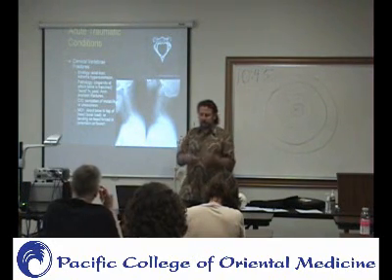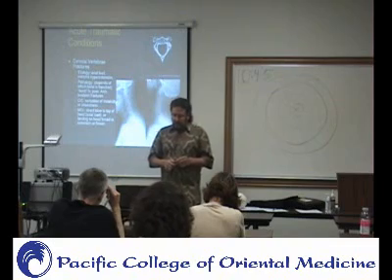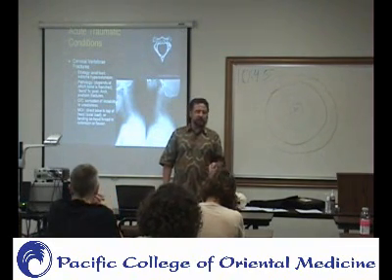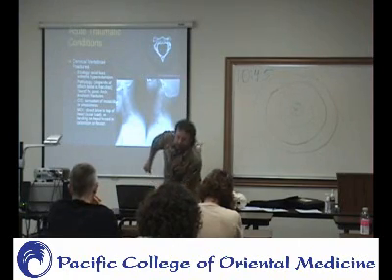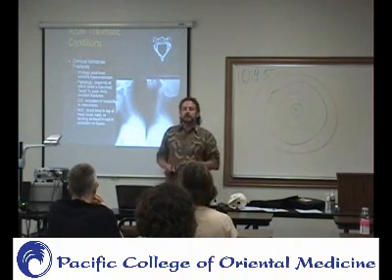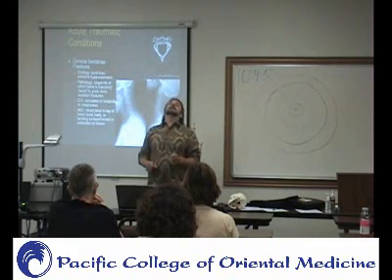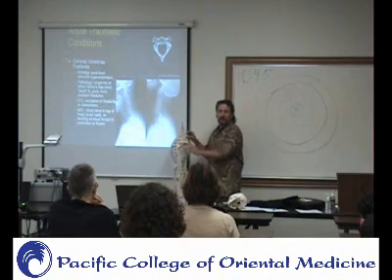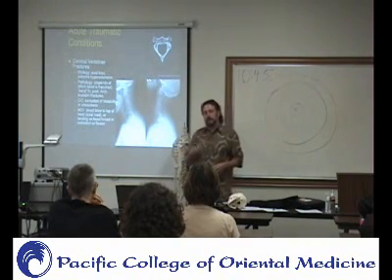There's also something called a clay shoveler's fracture, where somebody's going like this and they go back like that. If somebody's bending backwards like that, what's going to happen to these spinous processes? Are they going to come together or be separated?